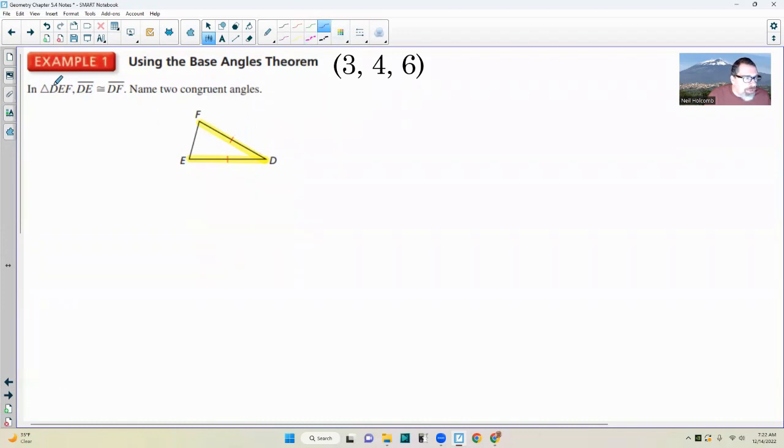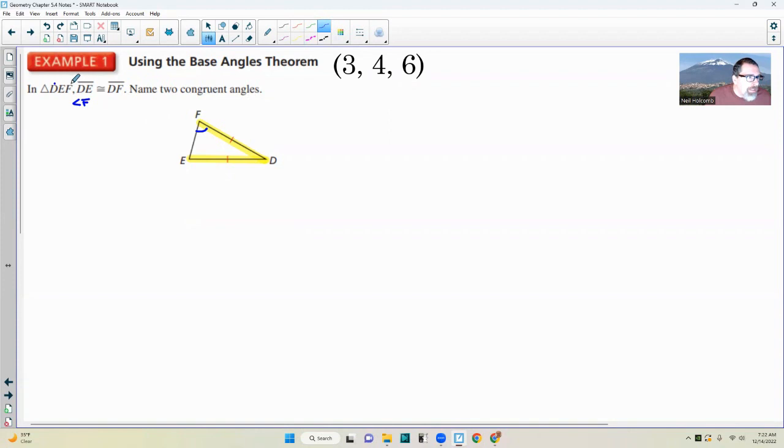So again, if you just look at the name, DEF, here's side DE. The opposite angle to DE is the other letter, F. So that's this angle. It's opposite this side. So you just draw an arrow over like so. The other side is DF.